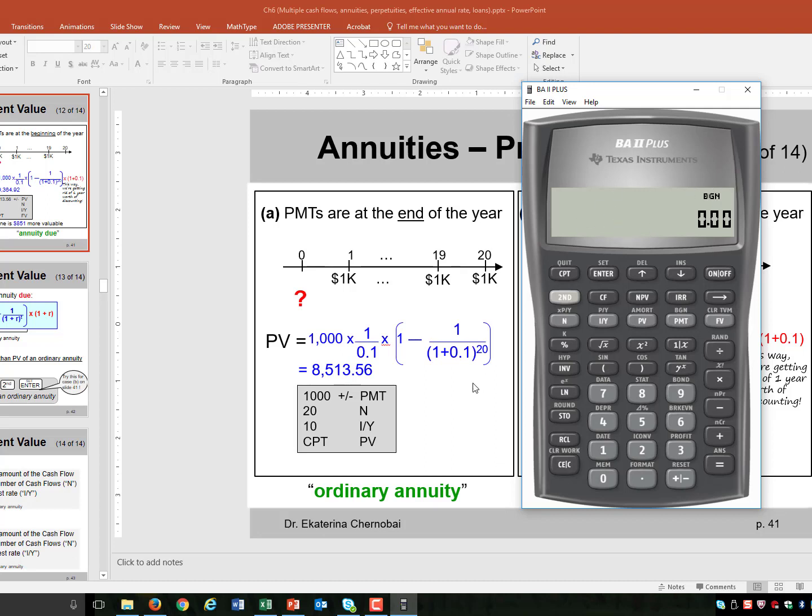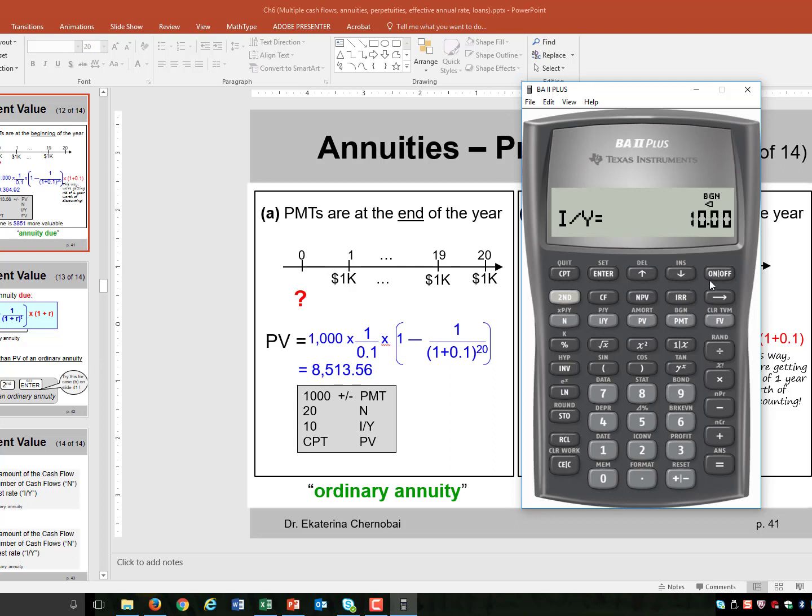And then try to follow the steps that we did in part A for an ordinary annuity and see what you get. We did $1,000 for our payment amount. We made it negative. We pressed the PMT button. Then, because we have 20 of those, we pressed 20N. The interest rate was 10% per year, so we pressed 10 IY.